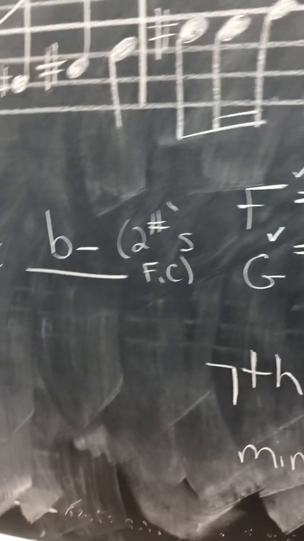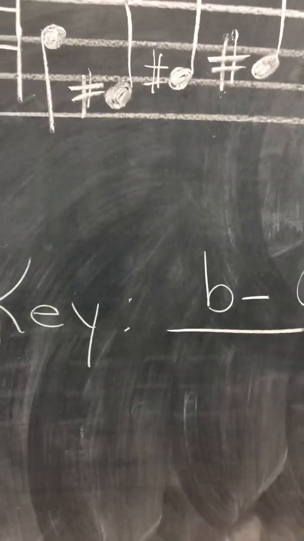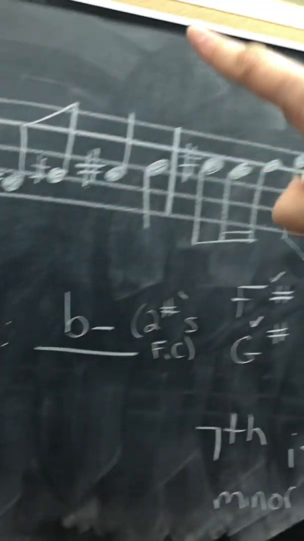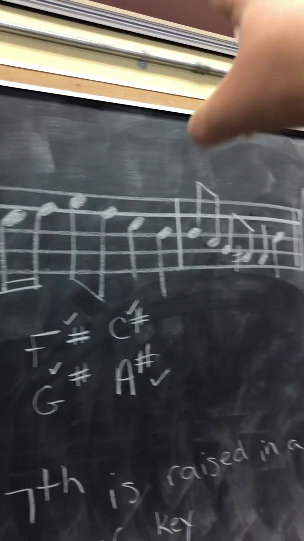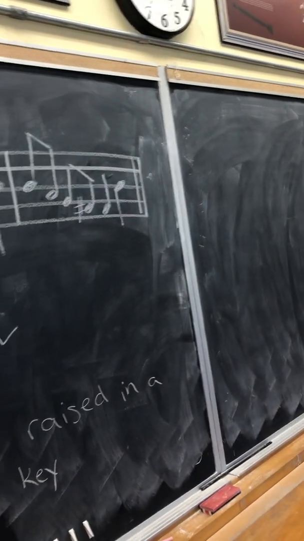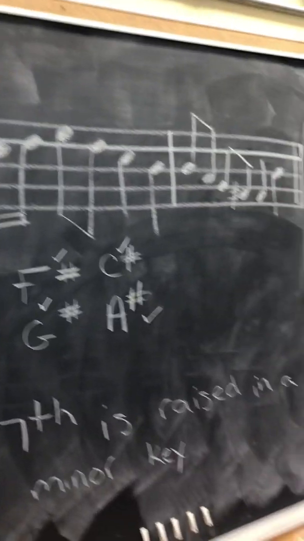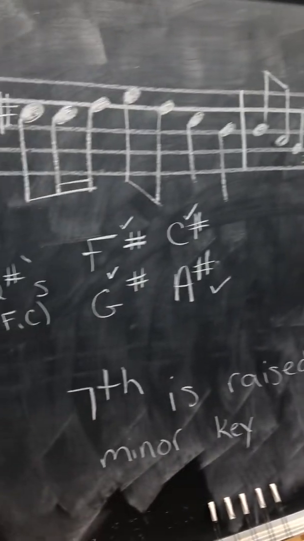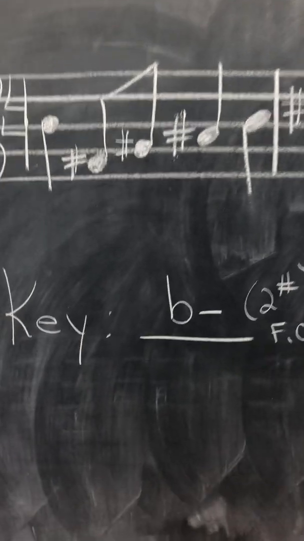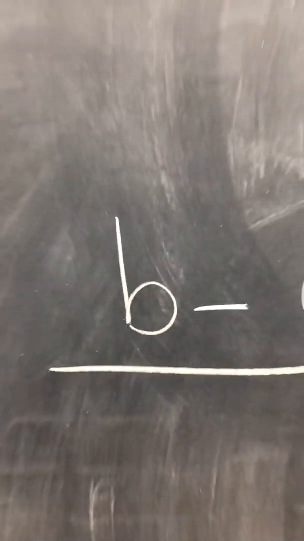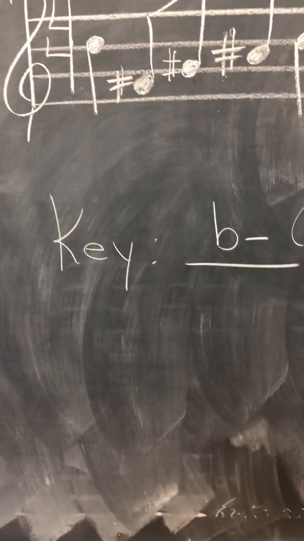Do you remember that rule with melodic minor scales? You raise the 6th and 7th when you're ascending, and you lower it back down when you're descending. That's exactly what this melody is doing. So all those clues indicate to us that this particular melody is in fact in the key of B minor.